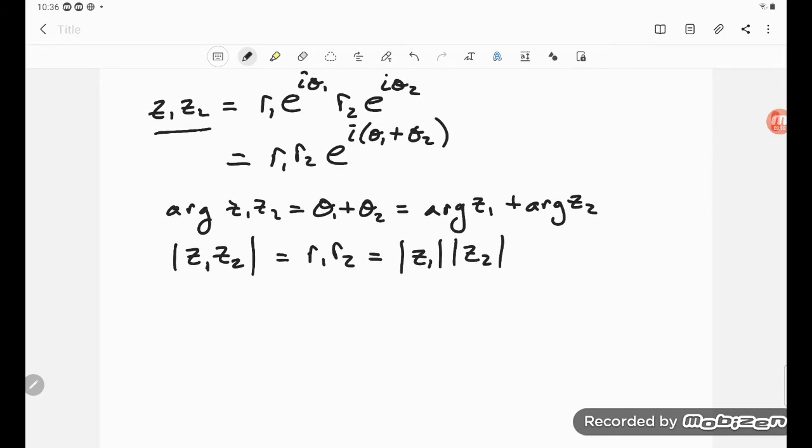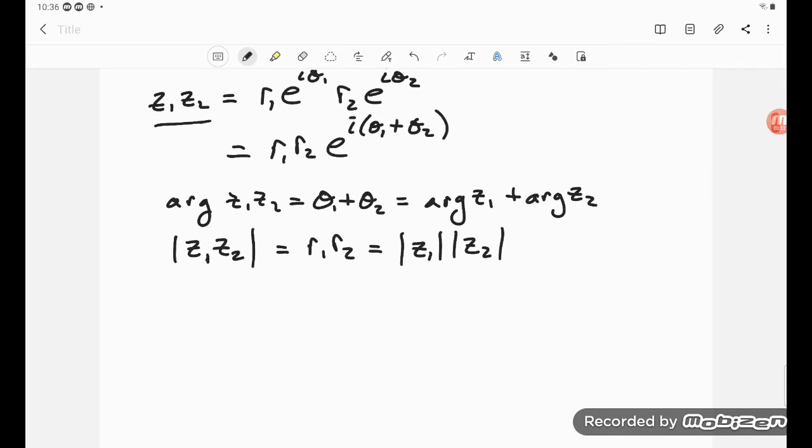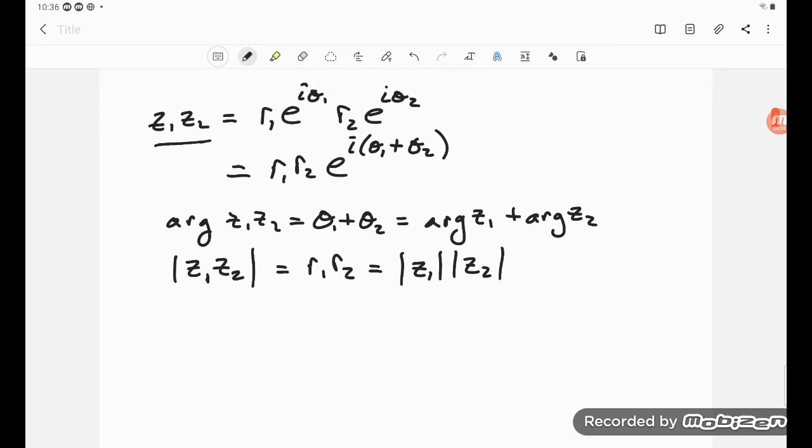Now the textbook uses the polar form, and so they start with R1 cosine theta 1 plus I sine theta 1, and same with R2 and theta 2. But then they use a trig identity.